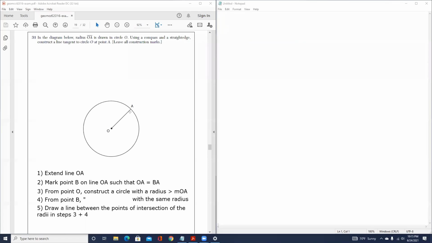So what does this mean? Well, our first step is to extend this line. The second step is to create a circle.